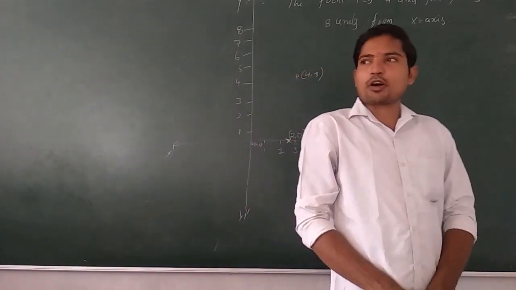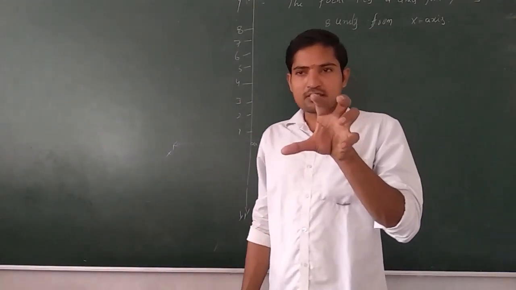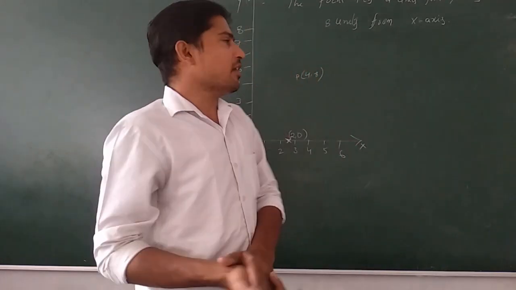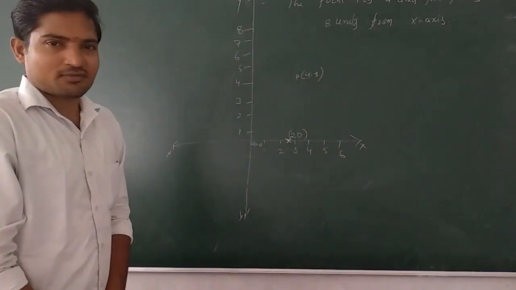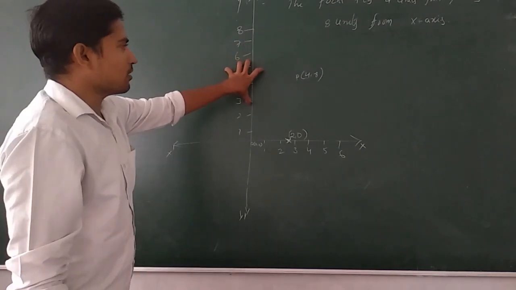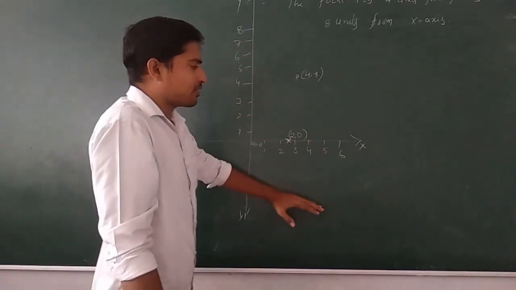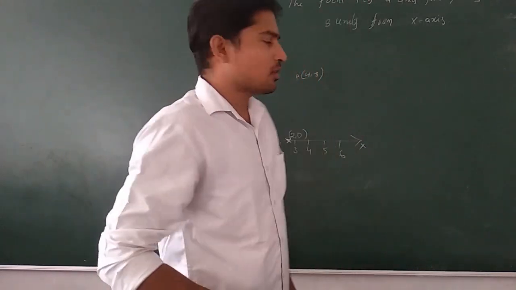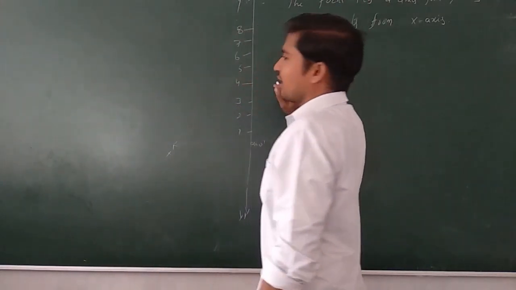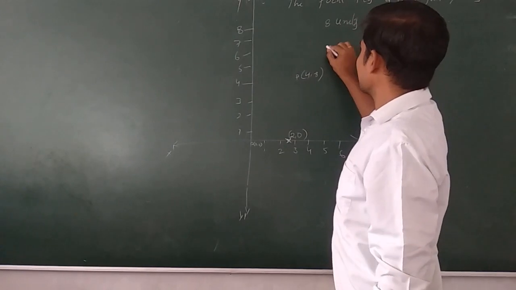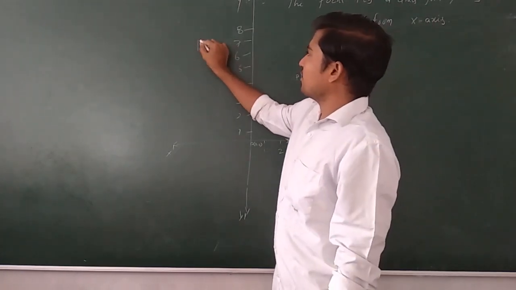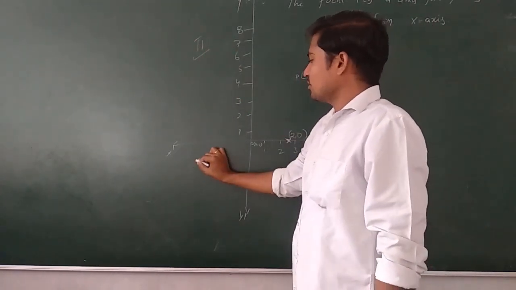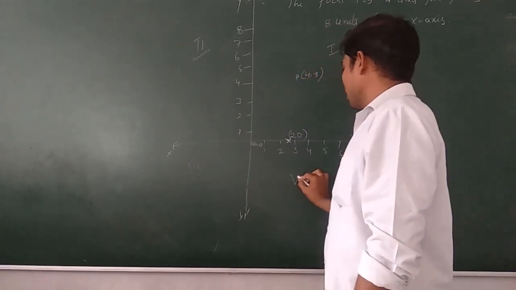And then I have to say this. See, in a Cartesian plane, the x-axis and y-axis divide it into 4 parts. Each part is called a quadrant. First, second, third, fourth.